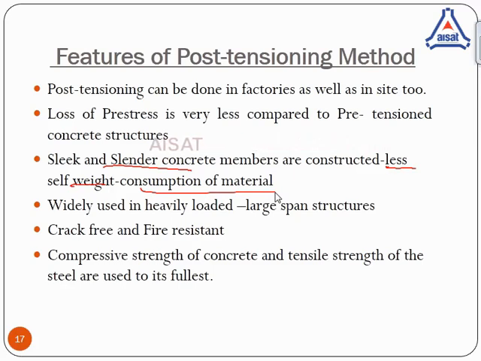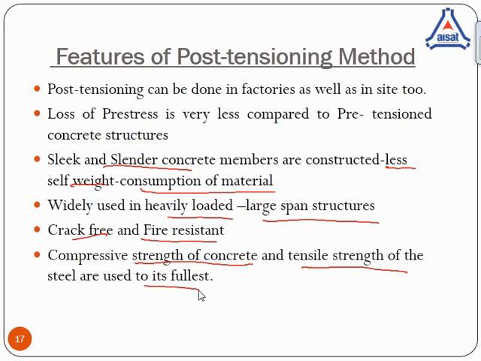Structures constructed using the post-tensioning method are widely adaptable in heavily loaded, large span structures, and they are free from all kinds of cracks and have high fire resistance. In total, you can summarize that the compressive strength of the concrete and the tensile strength of the steel are used to the fullest in the post-tensioning method.